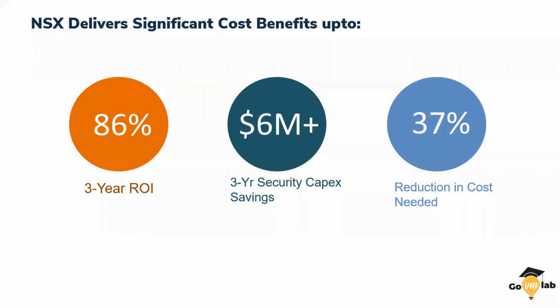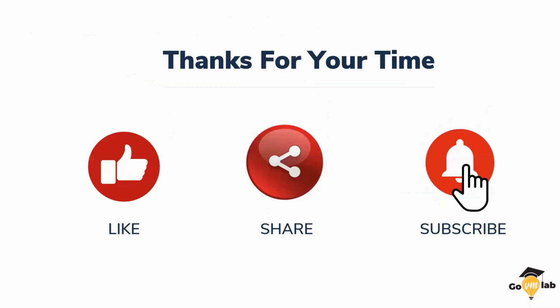It gives an 86% return on investment over a horizon of 3 years, and $6 million+ in security capex savings by eliminating physical switching, networking, and security hardware and leveraging software capabilities. You don't need to deal with so many switches, routers, and firewall devices, or with best-of-breed security tools, and that simplifies your operational expenditures as well. That's what NSX is all about.